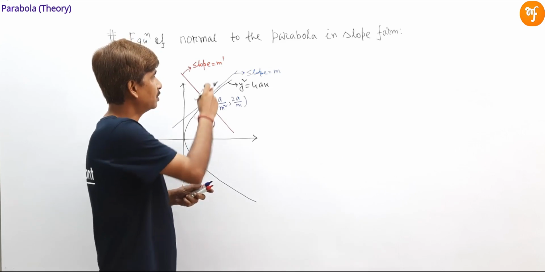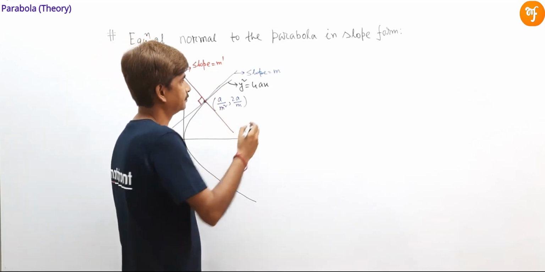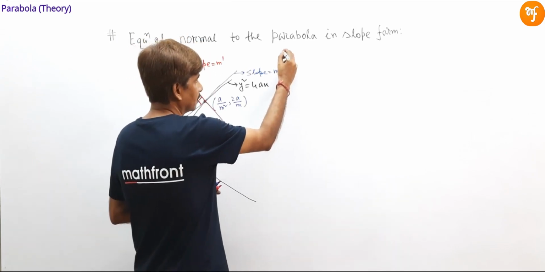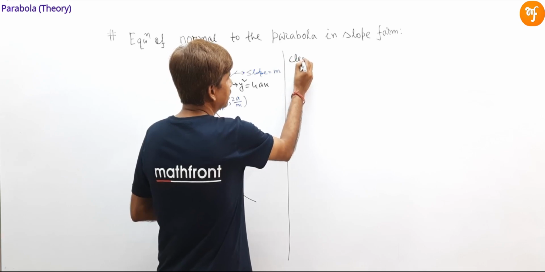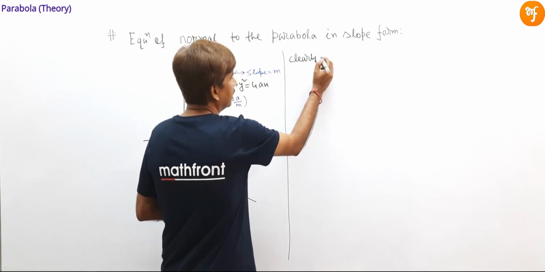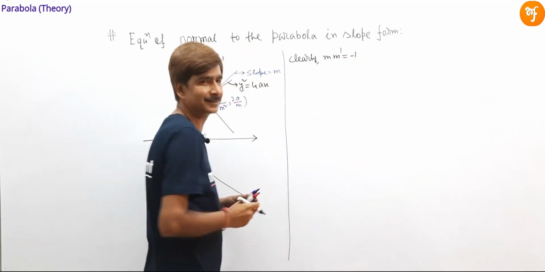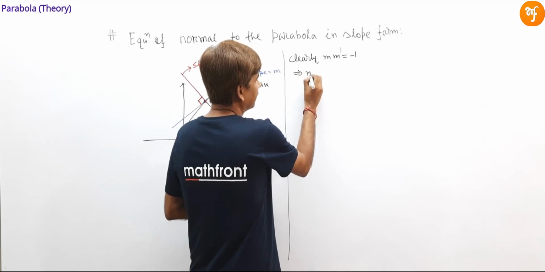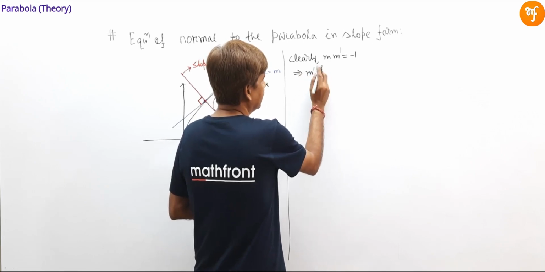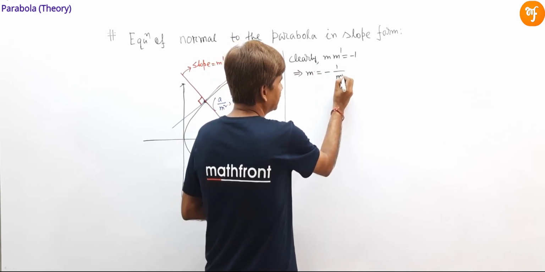So obviously m into m dash will be minus 1. So with respect to m dash, easily we can find the point of contact. How? Look. Clearly m into m dash is equal to minus 1. Okay. So from here we get the value of m is equal to minus 1 by m dash.